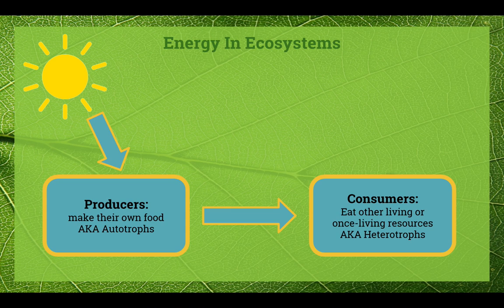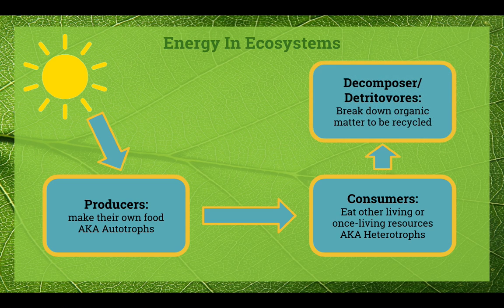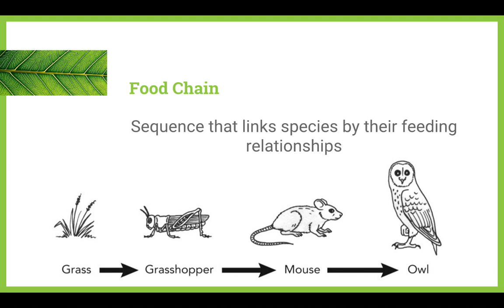Those are called heterotrophs. And then decomposers and detritivores break down matter in order to be recycled. And then, just like a proper cycle, the decomposers and detritivores give their energy back to the producers, or the autotrophs.